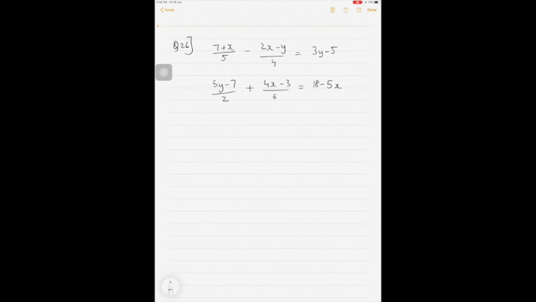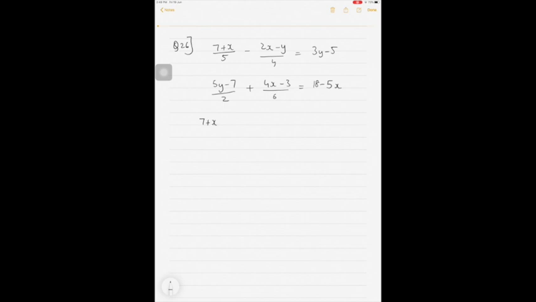So the equation is (7 plus x) by 5 minus (2x minus y) by 4 is equal to 3y minus 5. This is my one equation. And the second equation is (5y minus 7) by 2 plus (4x minus 3) by 6 is equal to 18 minus 5x. So we will change the way the equation is looking.